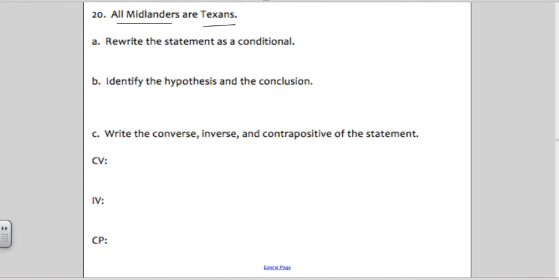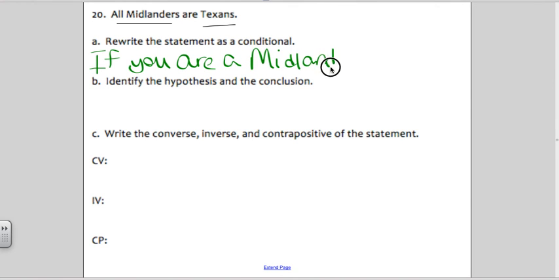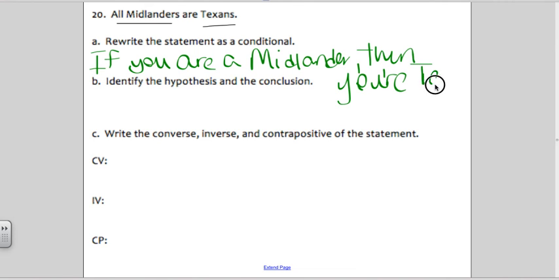So I'm going to use those two things to write my conditional. So I'm going to say if you are a Midlander, then you are a Texan.